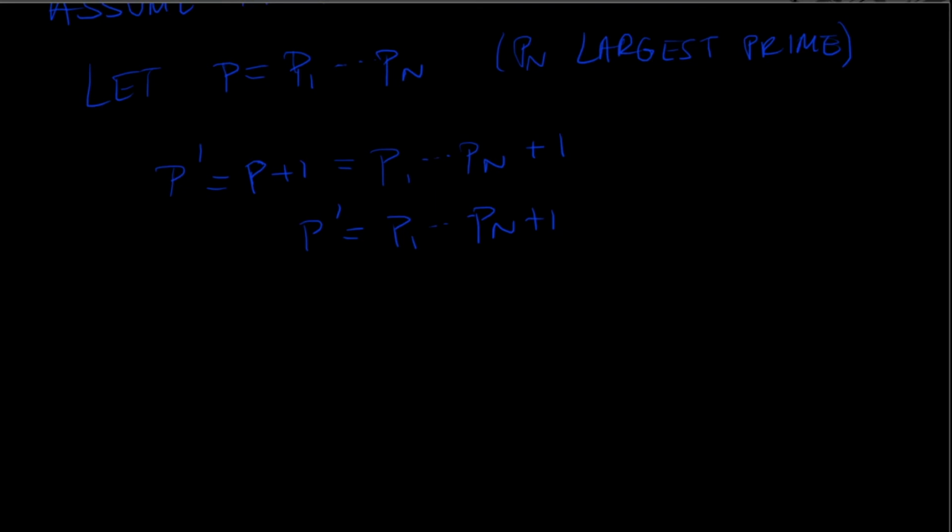Notice this form is in the same form as the division algorithm. Okay. So the last number here, this 1, is the remainder. So if I take P prime and divide it by any prime number, P1, P2, whatever, I'm going to get a remainder of 1.